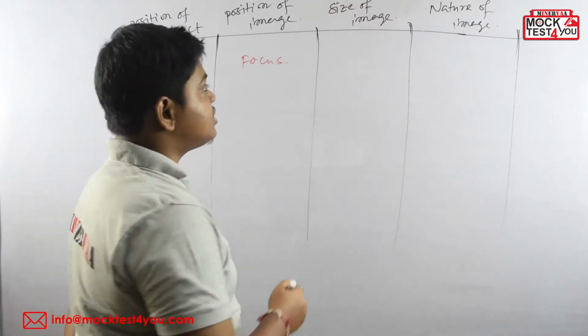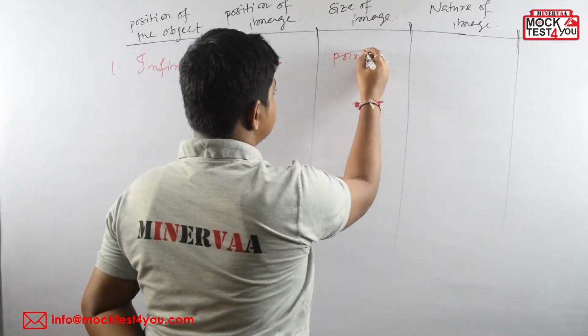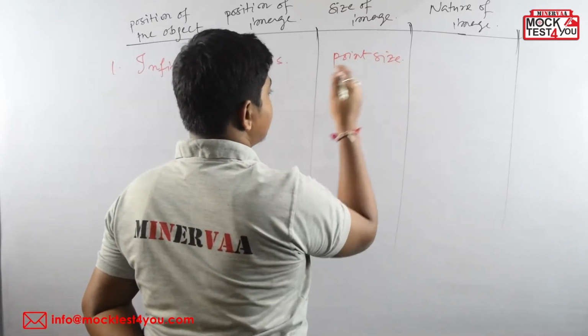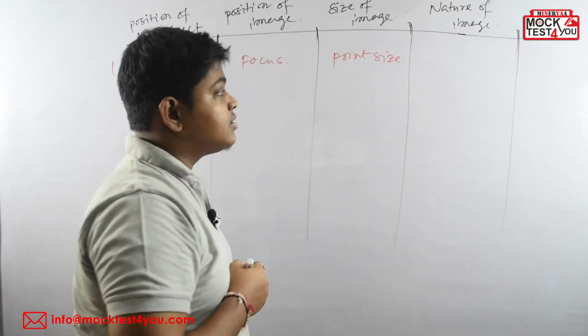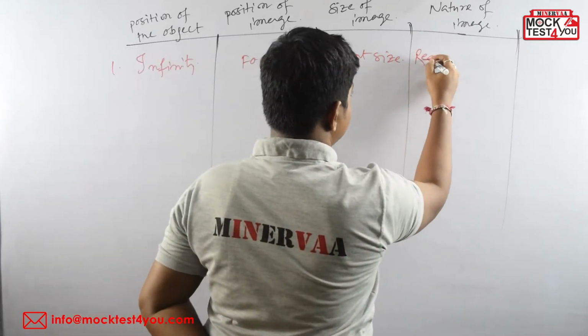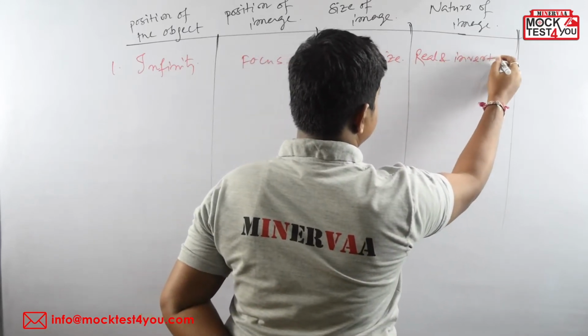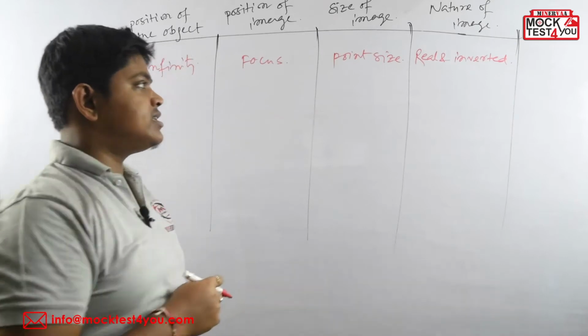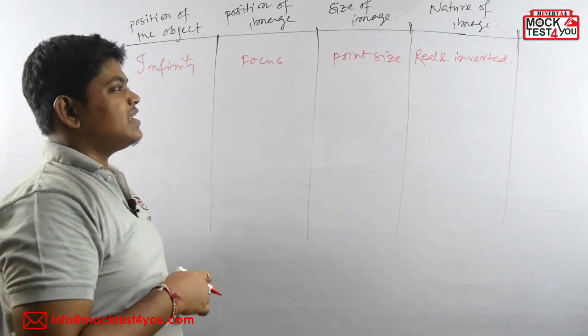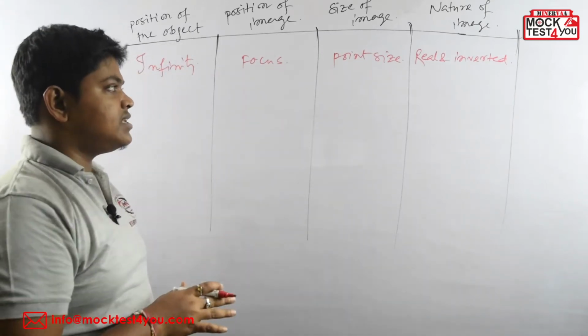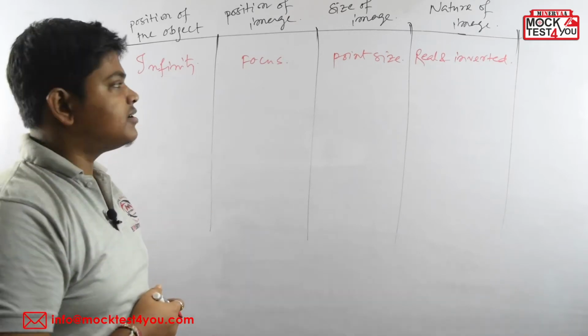The size of image was point size. A point size image we had got. Nature of the image: it's a real and inverted image. Though for the case of a point size image, it cannot be judged whether it is inverted or not, but the property says that it should be real and inverted.